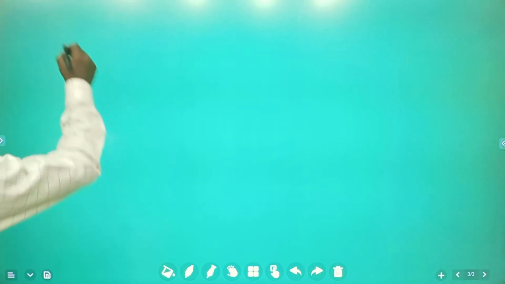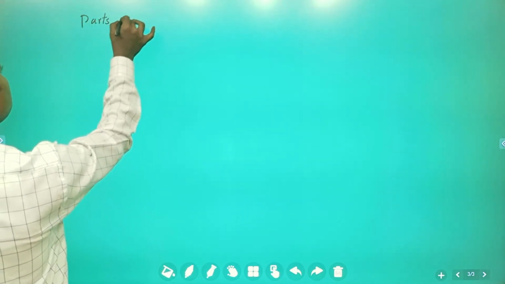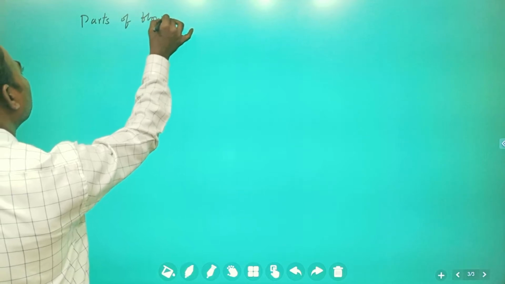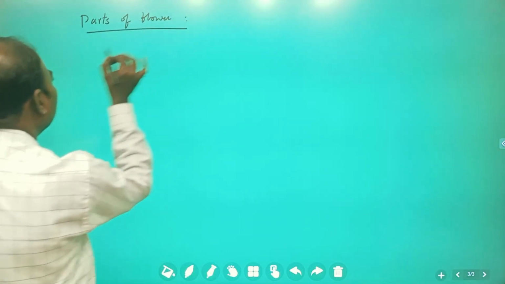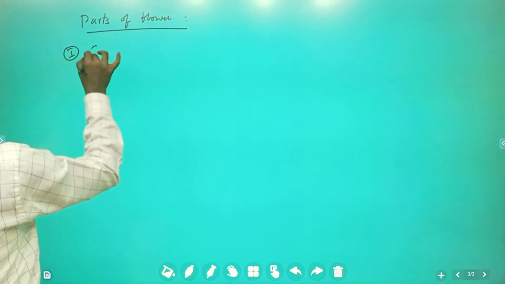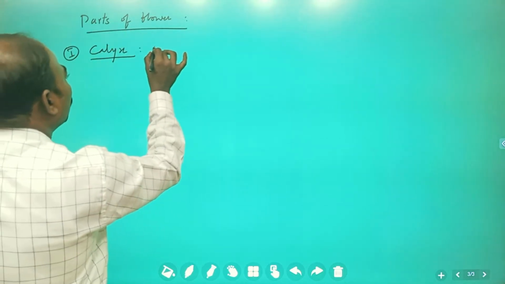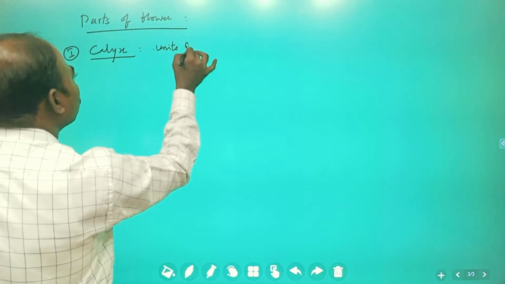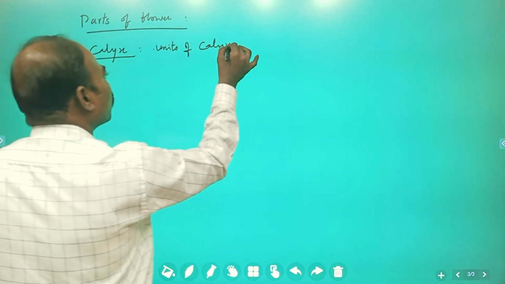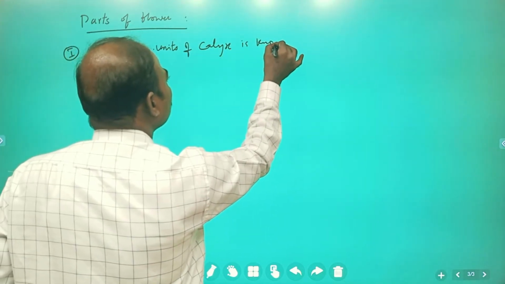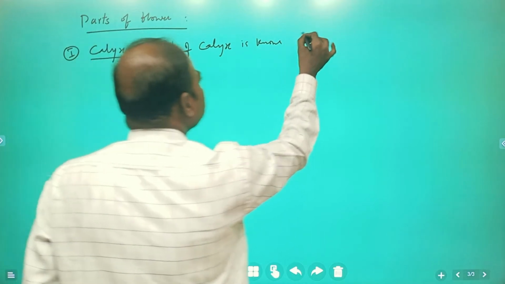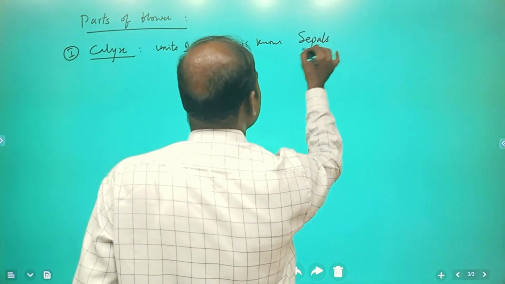Next, parts of flowers. The first part, calyx. What is the unit of calyx known as? Sepals.